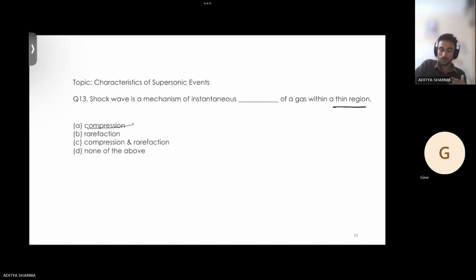This is also a particular field of study, where we want to minimize the effect of shock waves when they hit some object.